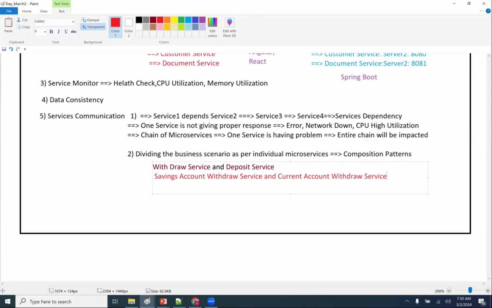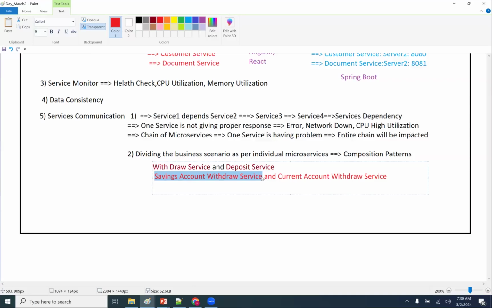Can I have only one service, or do I need to have 10 services like this? We have a challenge, right? Now, what are microservices telling me here? For example, sir, I cannot withdraw for a savings account.